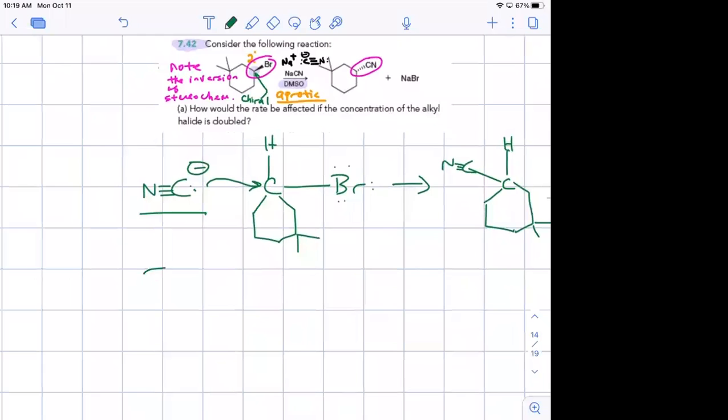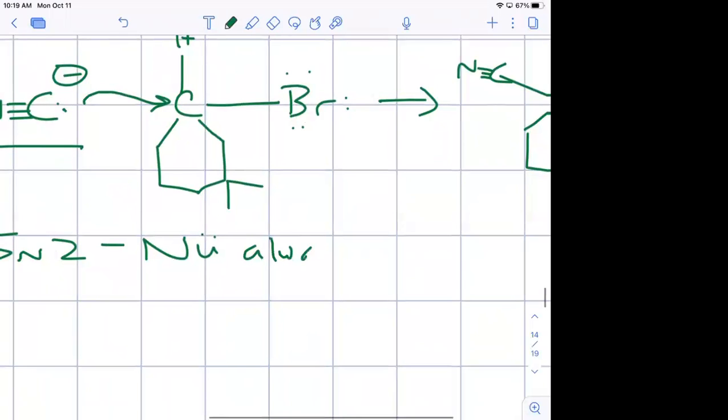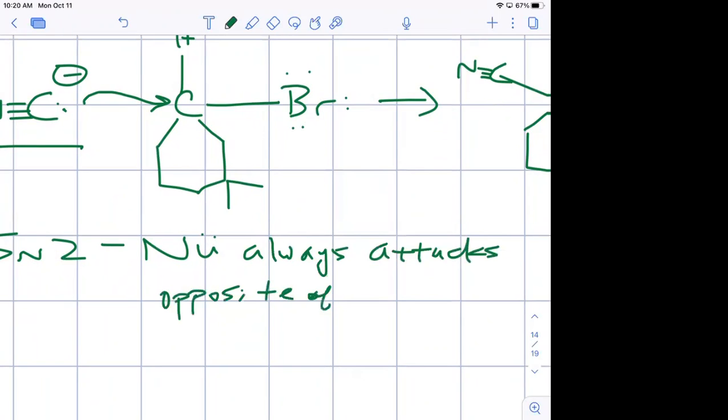So for SN2, your nucleophile always attacks opposite of a leaving group. All right, always.